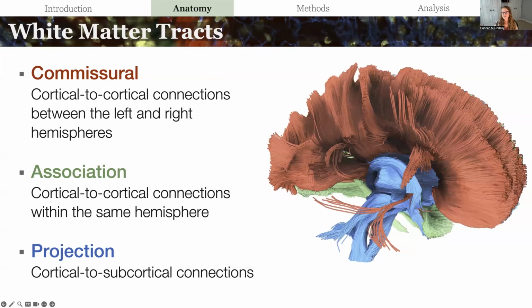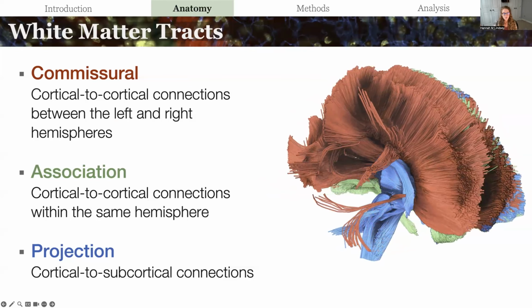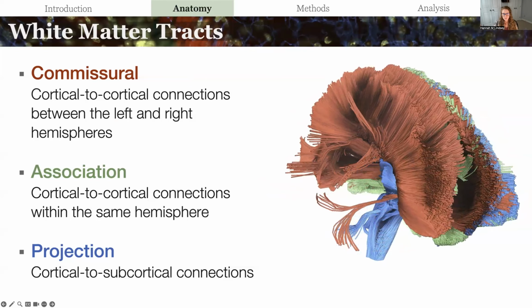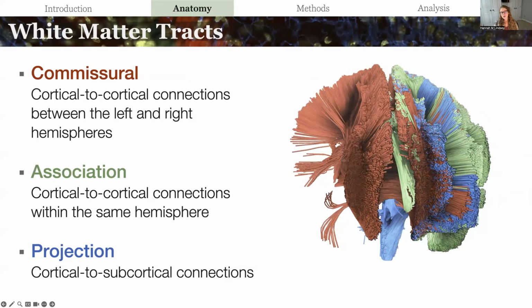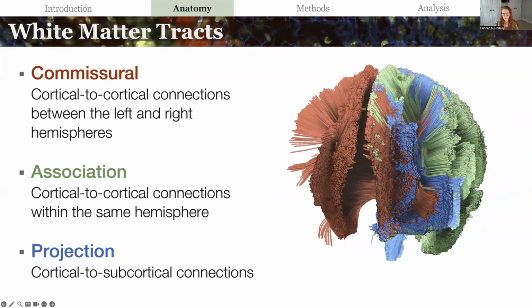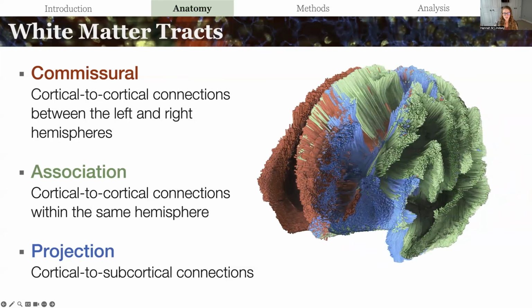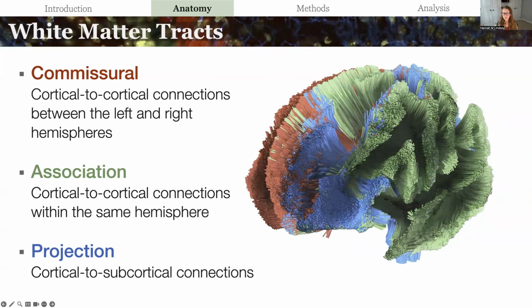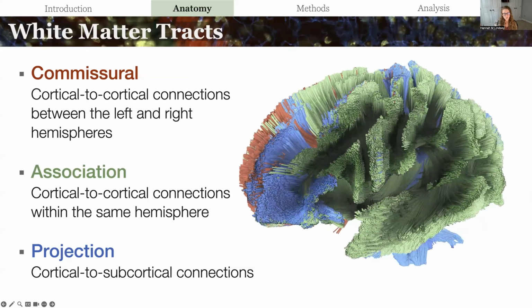Association tracts connect different cortical regions within the same hemisphere. And in this image, when it finishes spinning around, you'll see the association tracts are in green, and they're only shown on the left hemisphere here. And that's just to indicate that they only connect regions of the same hemisphere. Short association tracts, or U fibers, connect different regions within the same lobe of the brain.